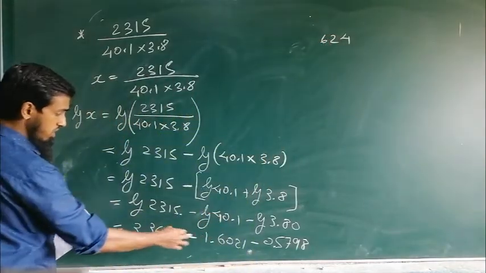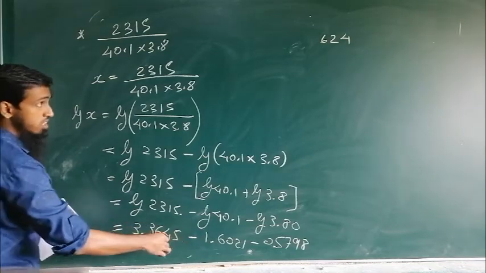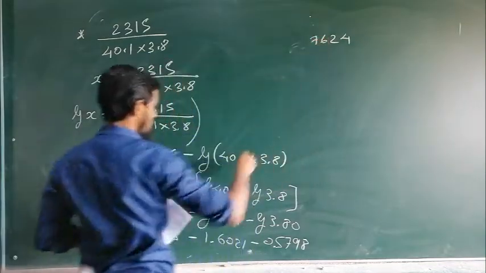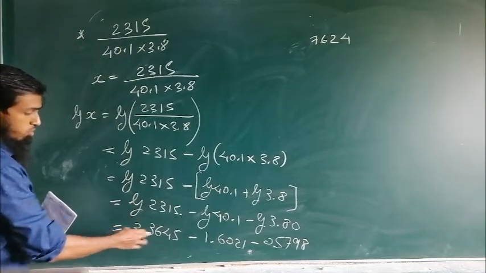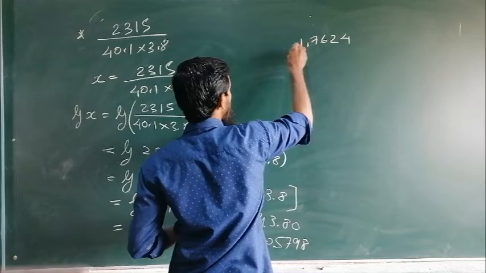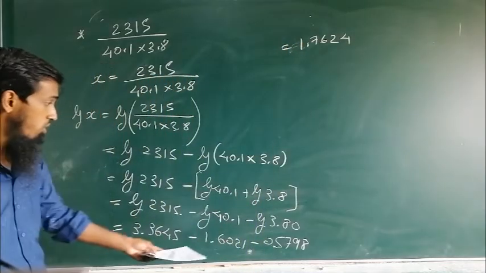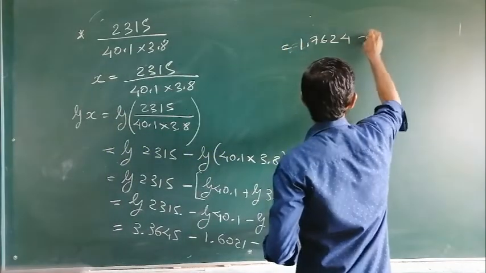Then 3 minus 6, we can't. So 13 minus 6, it's 7. If you borrow 1 from 3, it will reduce. So 2 minus 1, 1. So 1.7624.